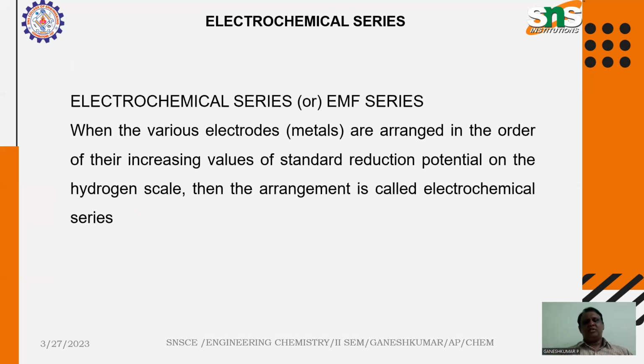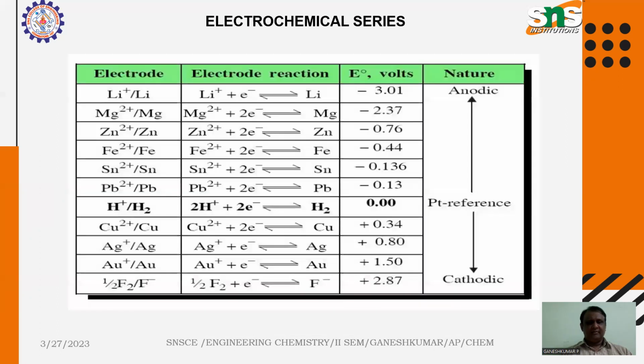Next, the electrochemical series, to understand the arrangement of metals in a particular order, which can be used to construct several cells. The electrochemical series, or EMF series, is nothing but an arrangement of the metals or elements in increasing value of standard electrode potential on the hydrogen scale.